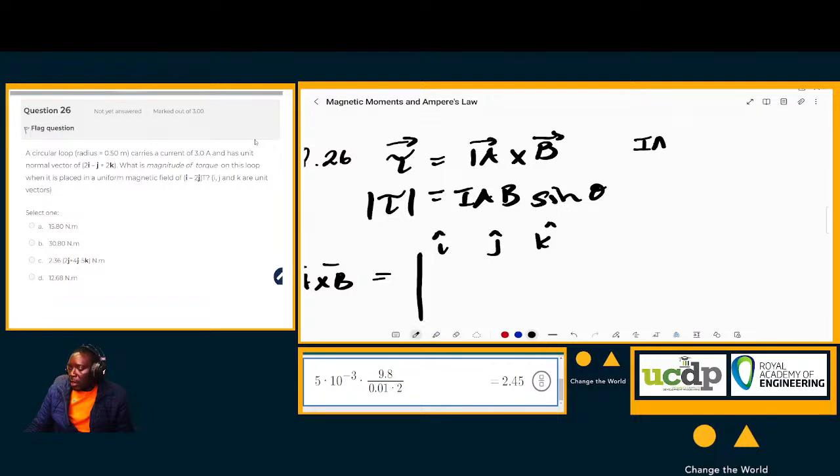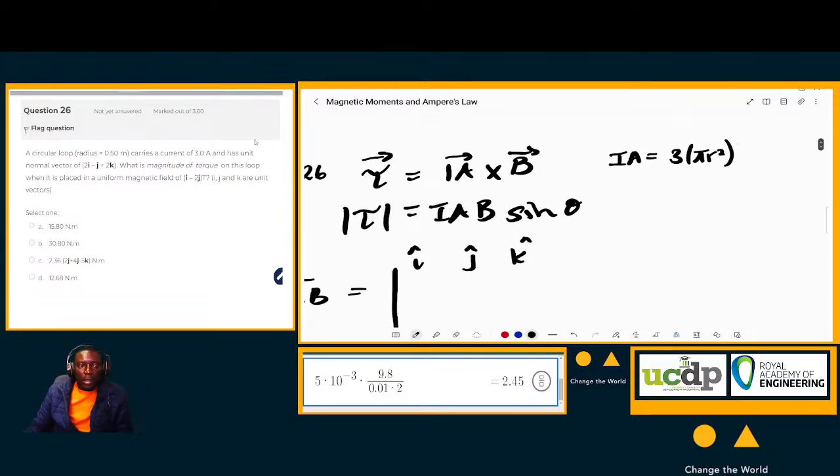So IA equals 3 amps times the area, pi r squared, times the unit vector giving the direction of this area, which is 2i minus j plus 2k.